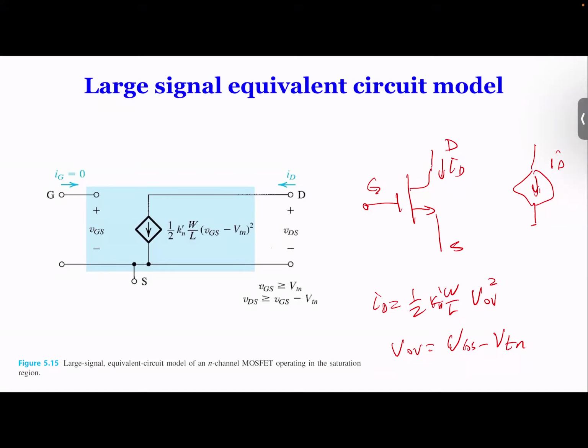Therefore, we have VGS coming in somewhere, and then we have this current, which is related to VGS, as a current source. It's not a small signal model; we call it a large signal model. It's just the equivalent circuit of your MOSFET.